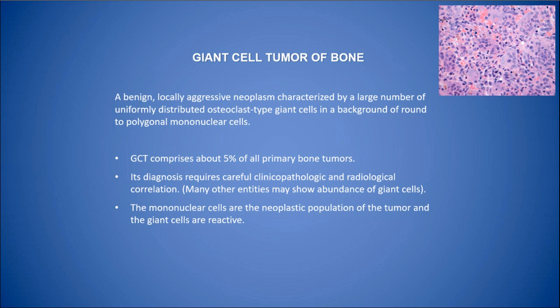Just to name a few, we can mention non-ossifying fibroma, aneurysmal bone cyst, and there are even osteosarcomas or undifferentiated pleomorphic sarcomas that have an overabundance of giant cells, and even carcinomas that have a lot of giant cells. The mononuclear cells are the neoplastic population, and the giant cells are reactive.